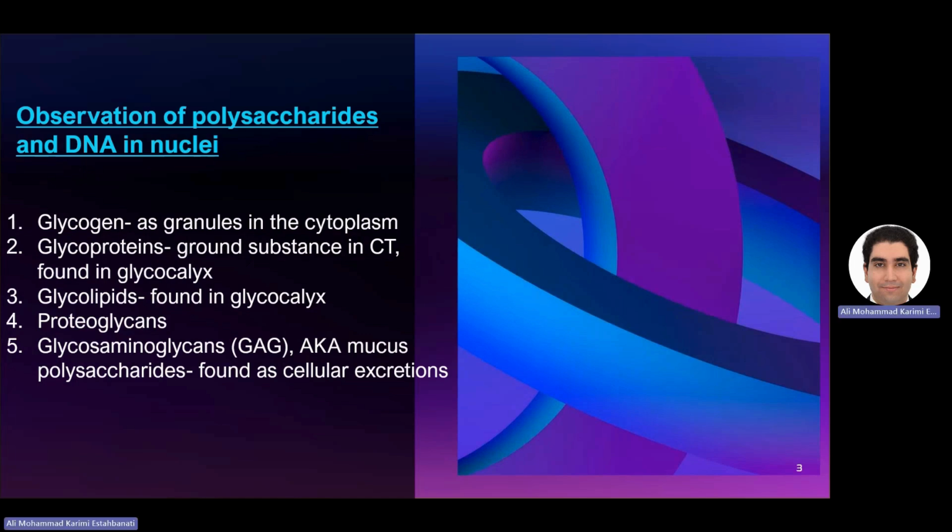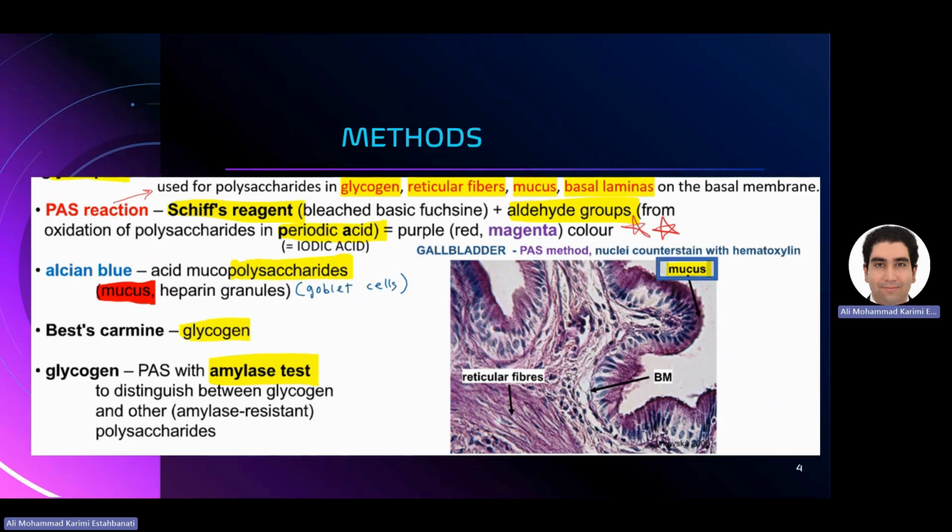Now, methods. We already talked about the methods we use in histochemistry, but I'm going to explain four of them in more detail so you will understand them fully. For PAS reaction, again, Schiff reagent reacts with the aldehyde group, and this reaction will cause a purple or magenta color.